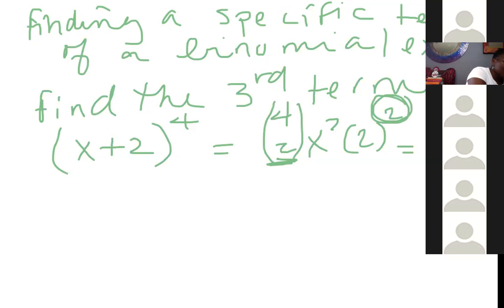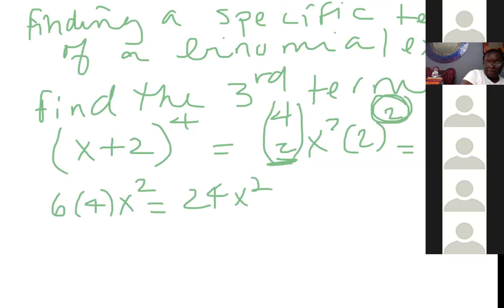Okay, 4 choose 2 is going to give you 6. And then 2 squared is 4. And then x squared. So the answer comes out to be 24x squared. And you can do that 4 choose 2 on your calculators.